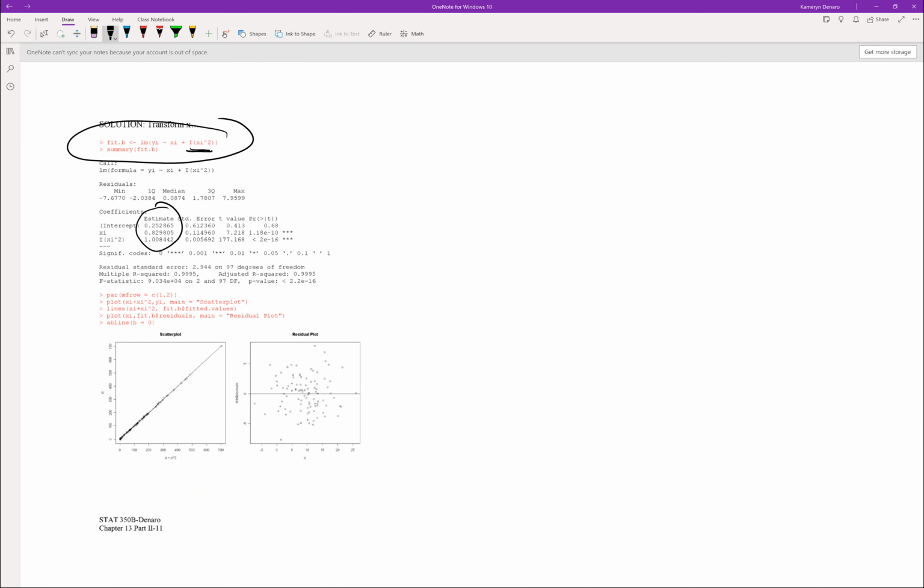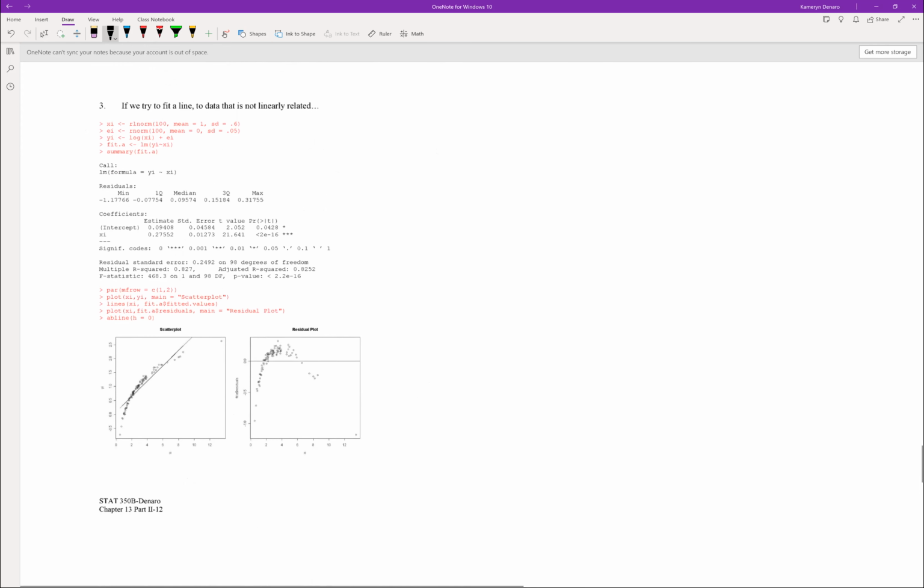And the reality is the underlying model that we had was yi equals xi plus xi squared plus ei. So now when we look at our residual plot, now that we have the correct function, our residual plot looks random again. So this is why we're using our residual plots, so that we can actually see if we have a good fit to our data.